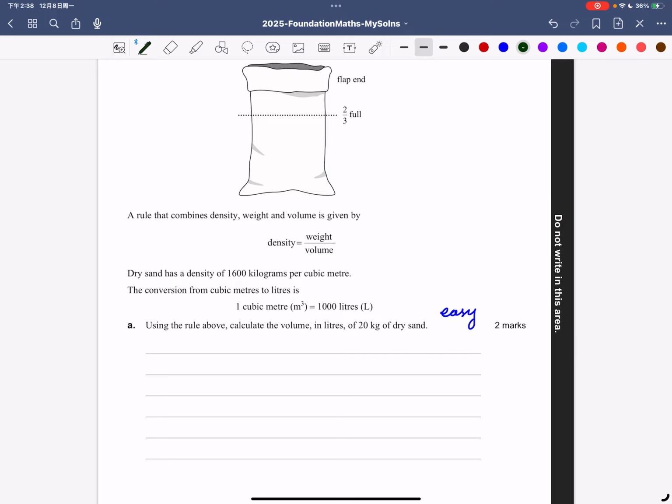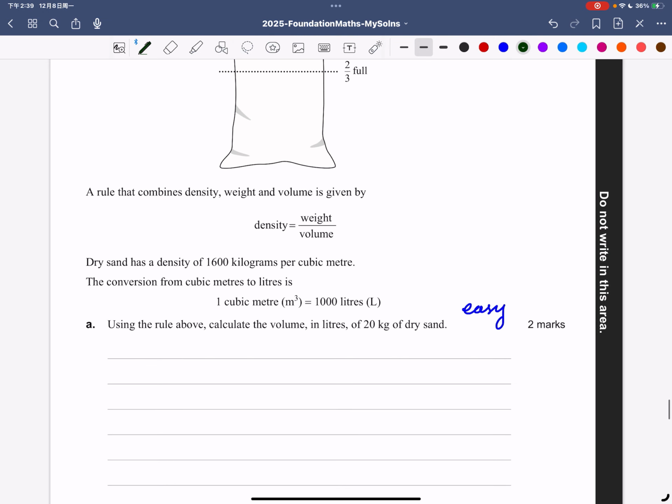So what I'll do is the density. The weight is 20. The volume is unknown. Therefore, V equals 20 divided by 1,600, so that'll be 1 out of 80 cubic meters.